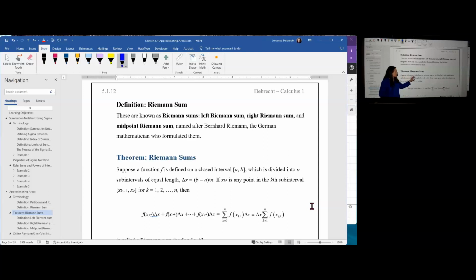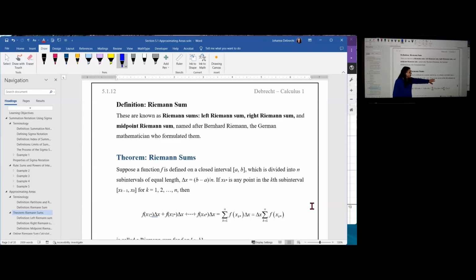The formal definition is: suppose the function is defined on the closed interval from a to b, which is divided into n subintervals of equal length, meaning we're doing a regular partition. Delta x is given by b minus a, the width of the interval, divided by the number of boxes that we want.